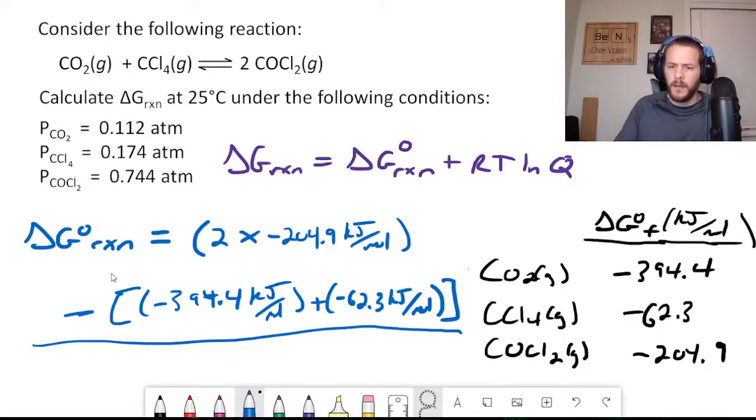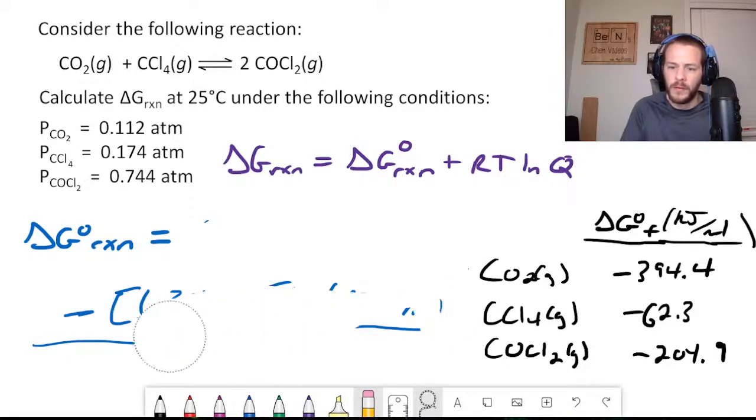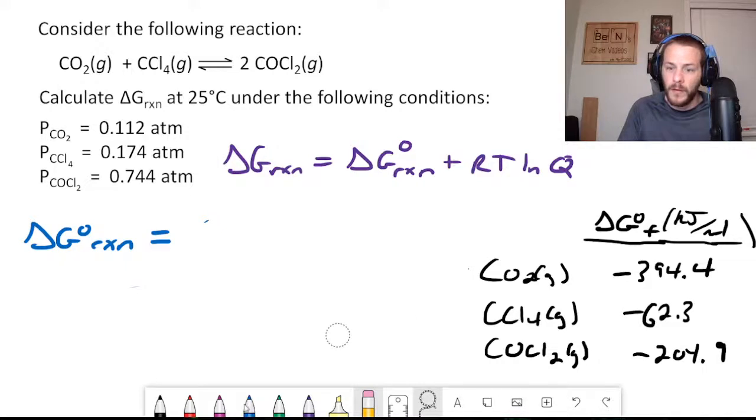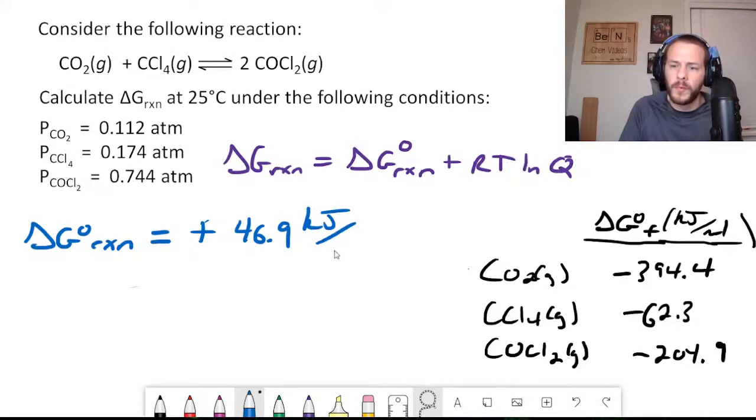The value that I got for this whole thing, and I'm going to erase the calculation just to make sure I don't run out of room, was positive 46.9 kilojoules per mole. So we've taken care of this term, the standard delta G for the reaction.